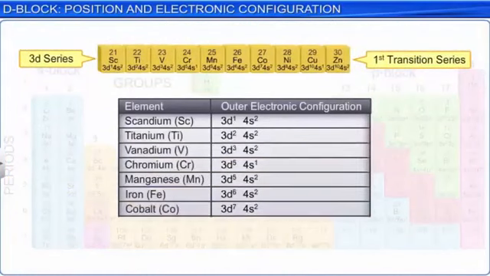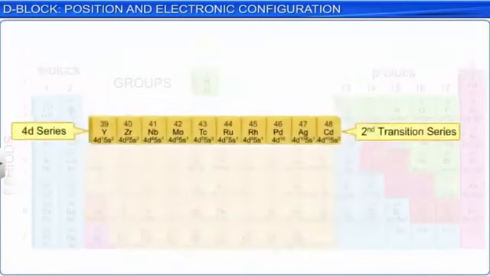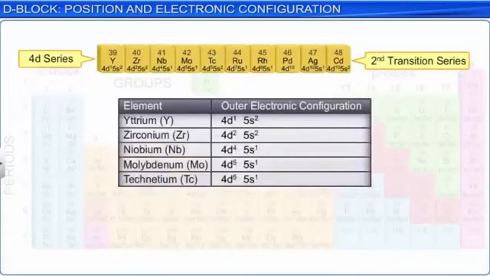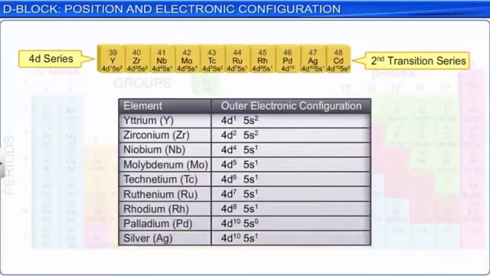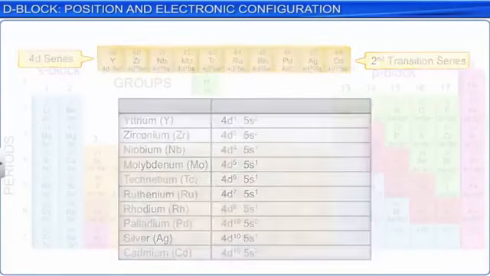The second transition series includes the elements from yttrium to cadmium, while the third transition series includes the elements from lanthanum to mercury.